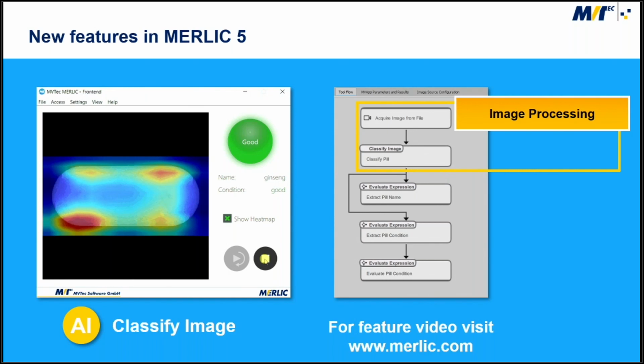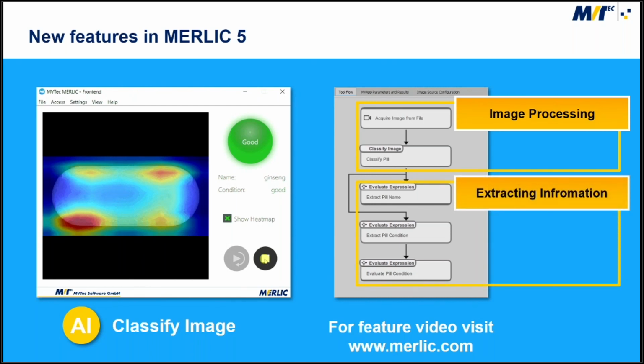We have more or less 2 tools which are necessary for using the deep learning classifier directly in Merlic. We have our image acquisition, and then the next tool is already to execute the trained classifier. How easy this could be. So you do not have any line of code even for a deep learning application. The rest of this MV app here is only used for showing results directly on the front end.